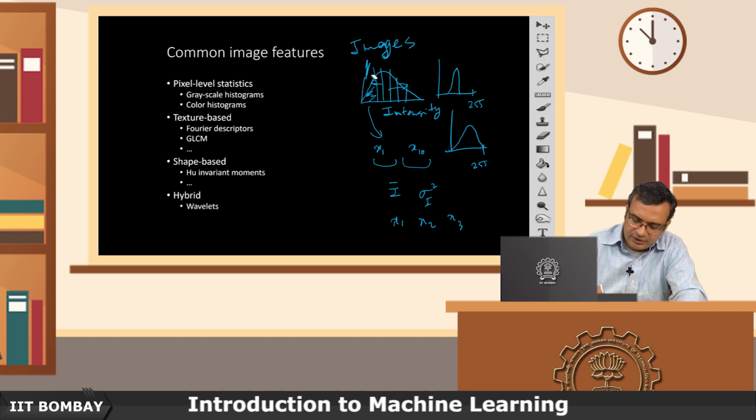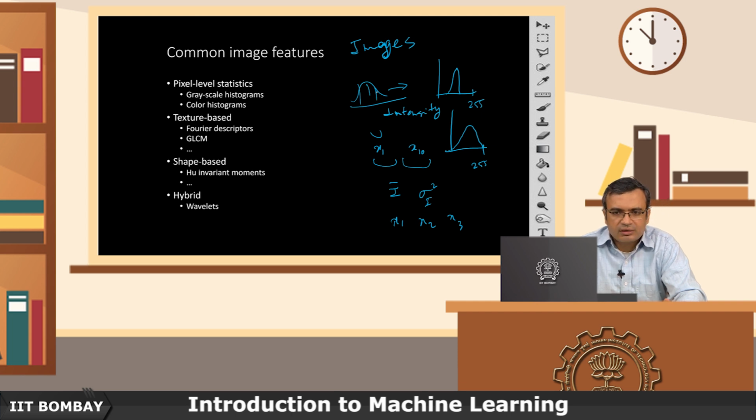Things become more interesting when we are talking about color images, because in color images you have red pixels, green pixels, and blue pixels, right. Even if we take the 0 to 255 ranges, we actually have bin values that will be in a cube.